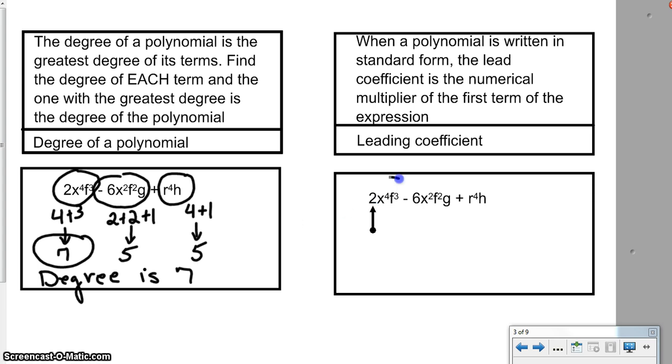Since 2x to the 4th, f to the 3rd is the leading term, the leading coefficient would be 2. And we often refer to this as lowercase a. Lowercase a usually denotes the leading coefficient.